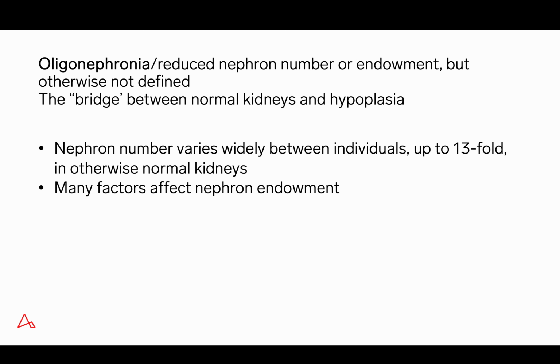The final topic I'd like to discuss is oligonephronia, which is reduced nephron number or nephron endowment. However, it is not quantified otherwise. And I believe it's the bridge between normal kidneys and hypoplasia. If you tuned into the first segment of this series where I discussed renal embryology, I pointed out that the number of nephrons in otherwise normal kidneys can vary up to 13-fold, and there are many factors that affect nephron endowment.